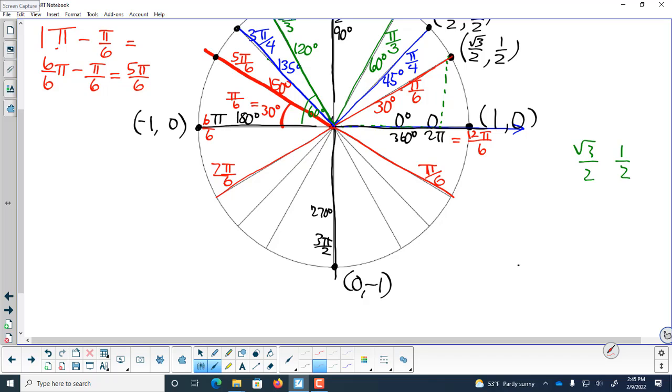So it's 12 pi over 6 minus 1 pi over 6, which is 11 pi over 6. So in quadrant 3, the numerator is 1 bigger than the denominator. In quadrant 4, the numerator is 1 less than double the denominator. There are patterns. That will be true with all of the pi's.